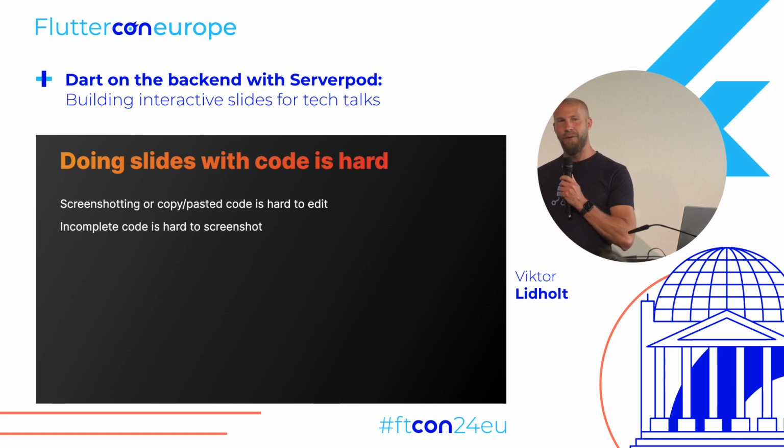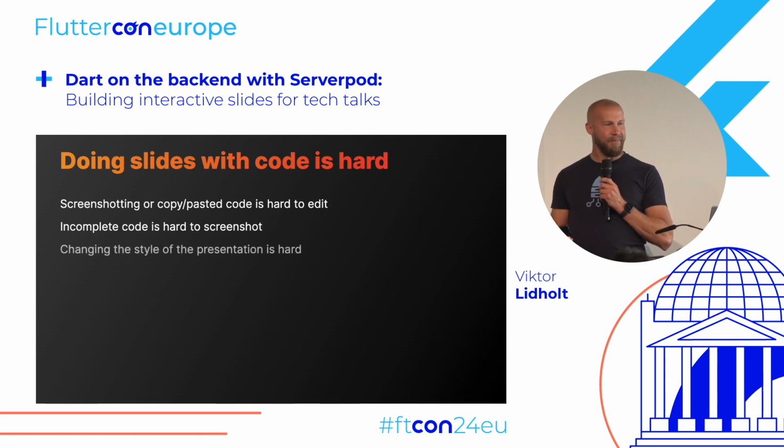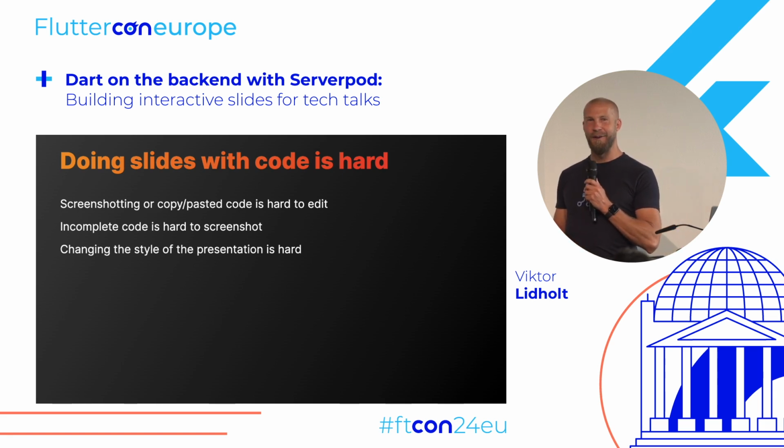Plus, you often want to use code that may not be complete, but code snippets that are not actually runnable code. And if you do that, you get the nasty red underlines and all that stuff, and you don't want that in your slides. And then you have made all your screenshots and figure you want to change the background on your slides. Then you need to take them all again.